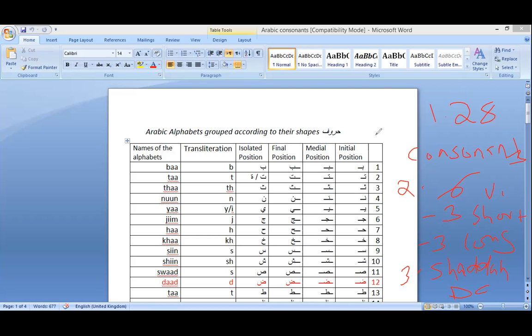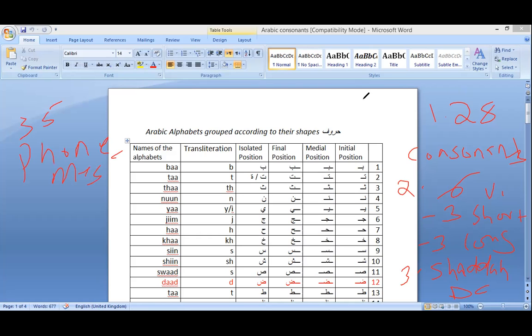If you can quickly add this. 35. That's right. So Arabic has 35 phonemes. It's correct.